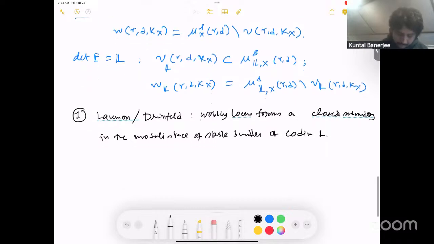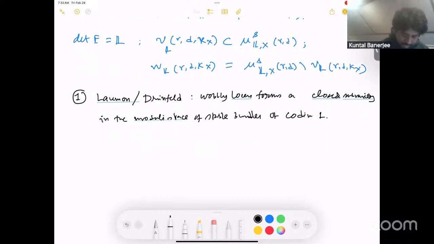Okay, but there was no proof. Recently, a mathematician from India has proved that it is true. In that case, they worked on the fixed determinant case.